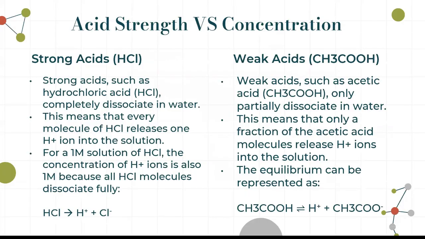So comparing acid strength versus concentration, strong acids, such as hydrochloric acid, completely dissociate in water. This means that every molecule of HCl releases one H plus ion into the solution. So for a 1 molar solution of HCl, the concentration of H plus ions is also 1 molar because all HCl molecules dissociate fully.